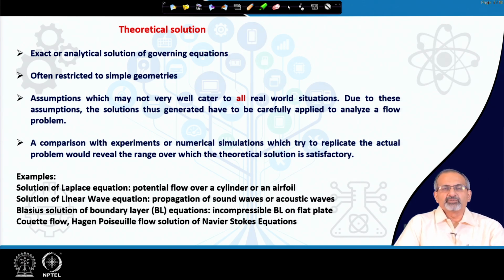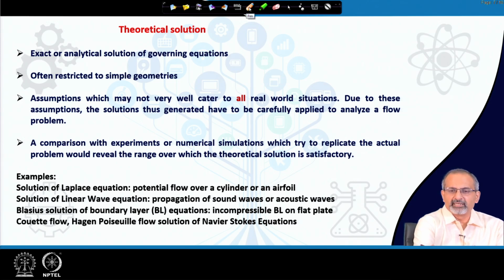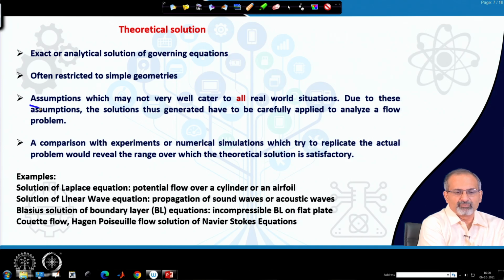There are assumptions which are made which do not always cater well to all kinds of real world situations. Due to these assumptions, the solutions thus generated have to be carefully applied to analyze a flow problem. So, we are finding that there are issues where we have to carefully handle how we take the solution forward.